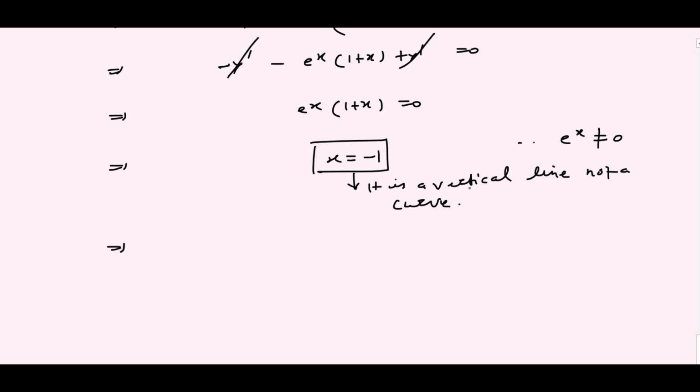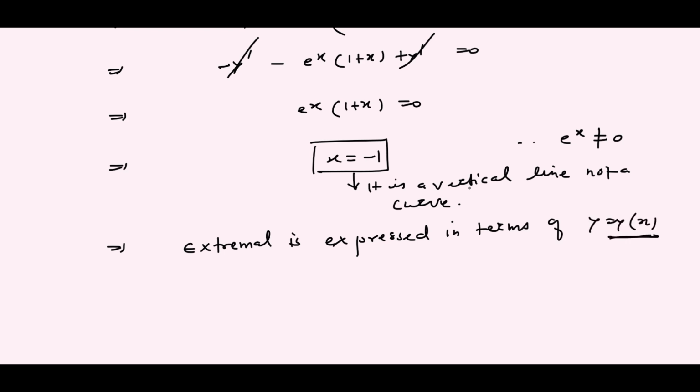Because the extremal is expressed in terms of a curve, that is y is equal to y of x, but it is not a y is equal to y of x.